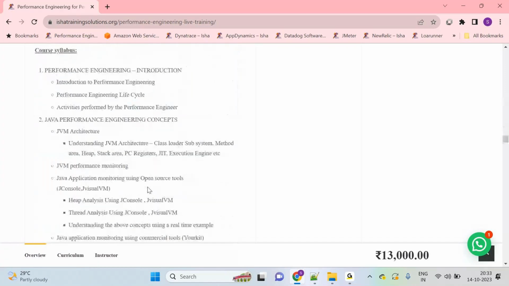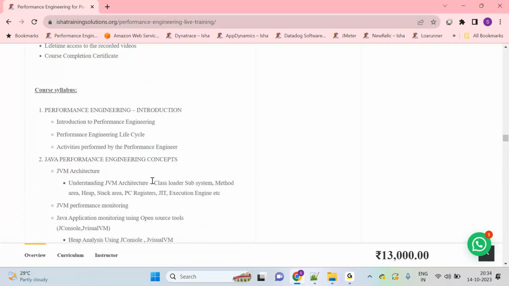Right now the industry is moving towards solutions, not just the problem statement. I don't know how many performance testers are in this forum.